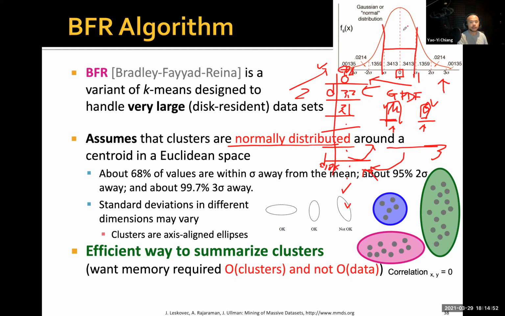So here's one, here's another one of the mean number here, and that's 68%. 95% is 2 standard deviation away. 99.7% is 3 standard deviation away. Okay, so that's the basic assumption of this BFR approach.